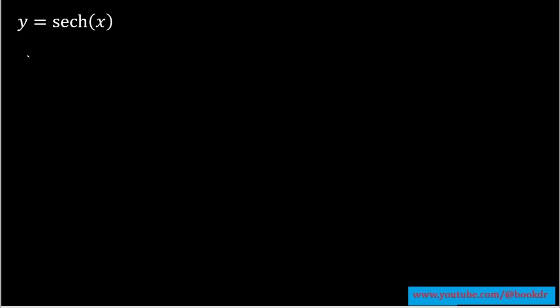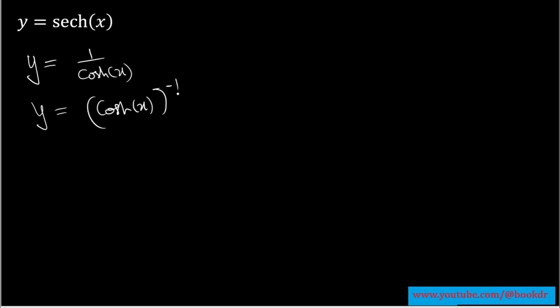We'll write this as 1 over cosh x. In fact, sech x is the same thing as 1 over cosh x. We can rewrite this further as cosh x all raised to the power -1.